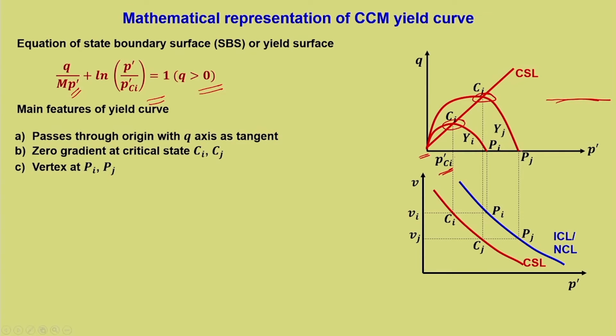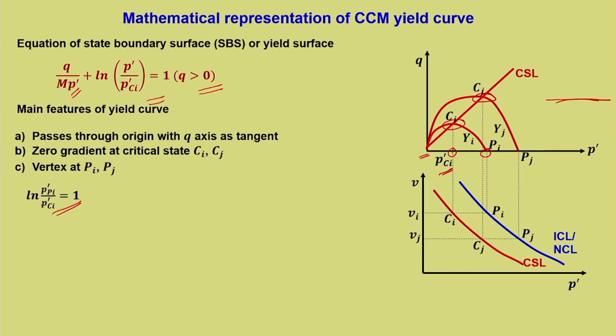The vertex is at Pi and Pj, and that happens to be the extreme point of the yield curve on the right side. It also follows this important relationship: ln p dash pi upon p dash ci, that is, the mean stress at this extreme point and the mean stress at this point of intersection are related.